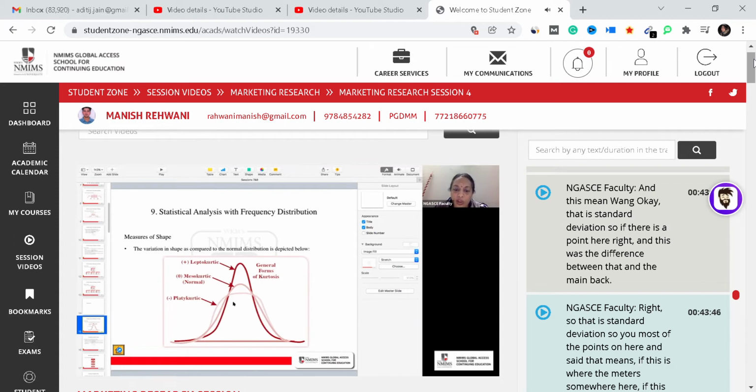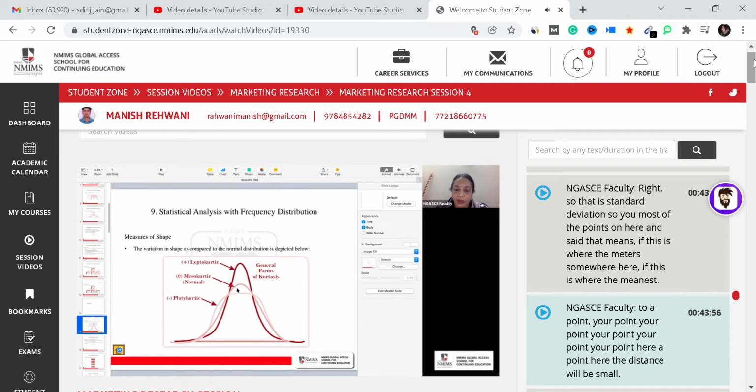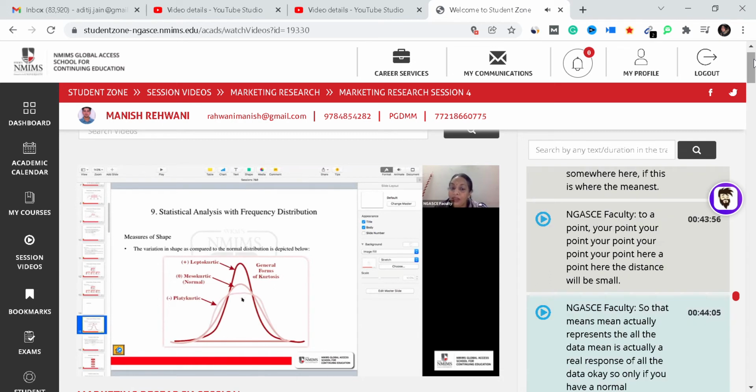So if most of the points are here, near the mean, a point here, a point here, a point here, the distance will be small. So that means the mean actually represents all the data. Mean is actually a real response of all the data.